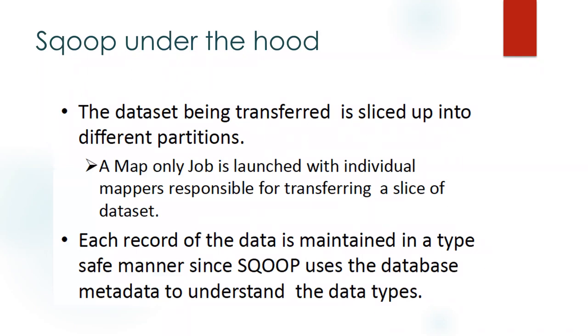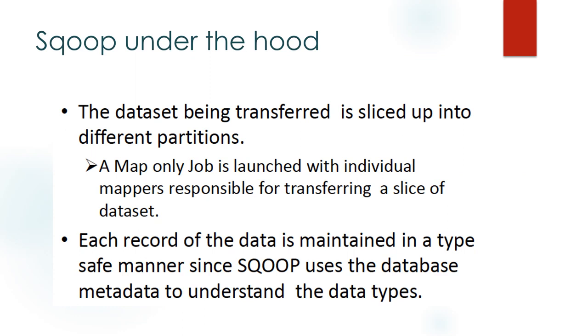Now, this is what we need to understand before we go to the hands-on part of Scoop. The data set being transferred is sliced up into different partitions. So what's going to happen if you want to copy data? The data set in this example is a table.